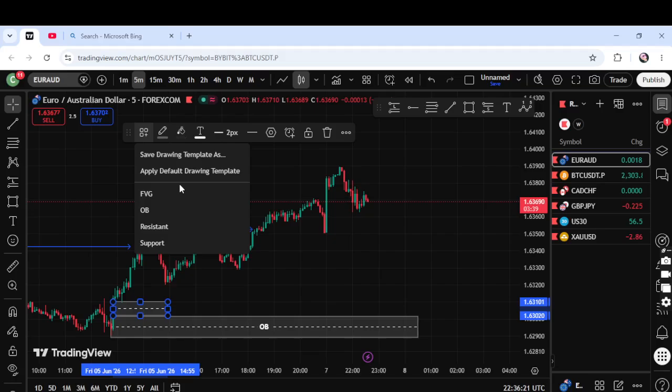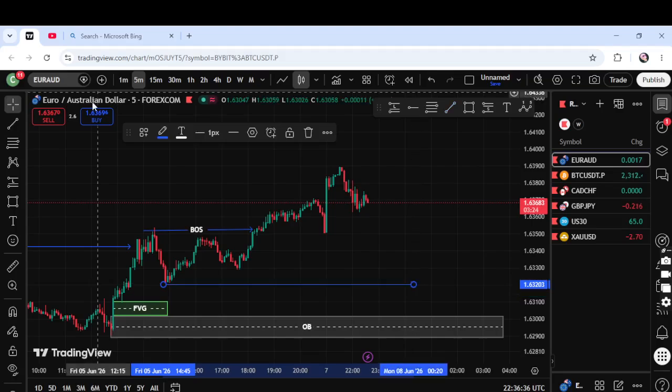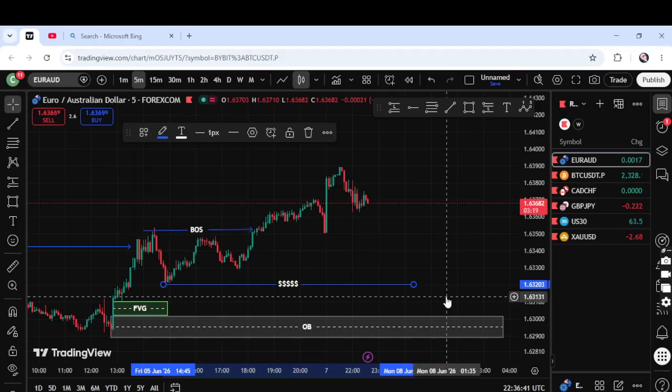So this should be where you put your pending order, except it's coming down with a big momentum.